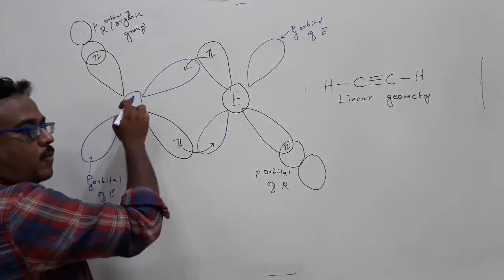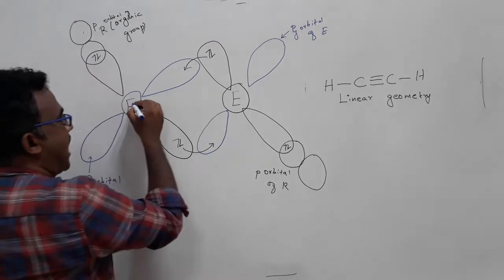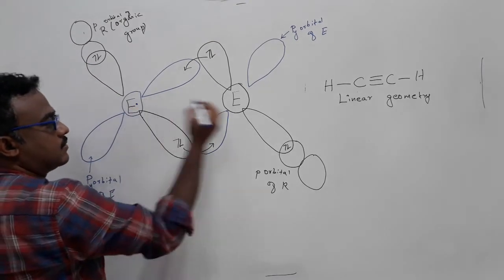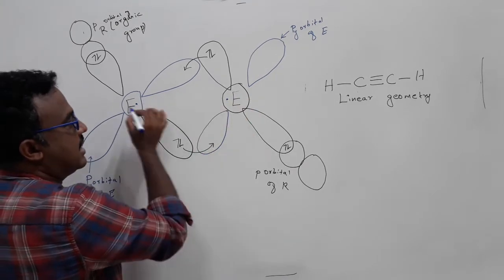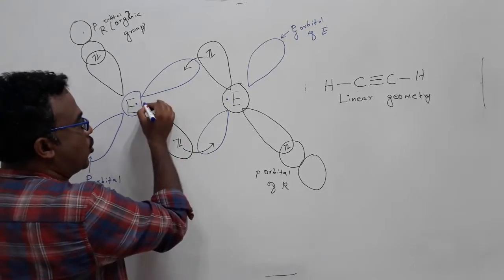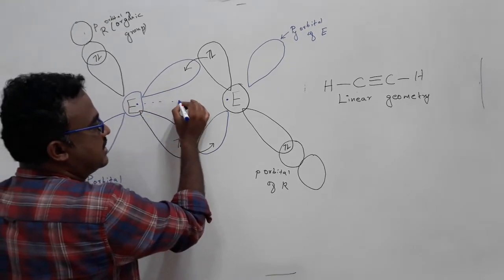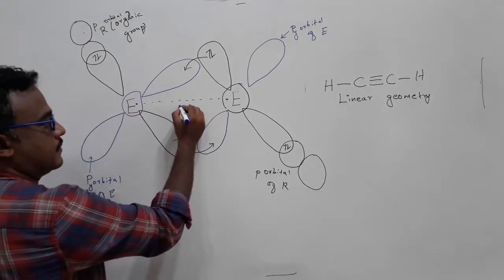I mean, one of the lobes will be above the board and another one is at the back side of the board. I am just keeping one electron here in one more p orbital. Each p orbital of E has one unpaired electron that is undergoing end to end overlap to form a sigma bond.